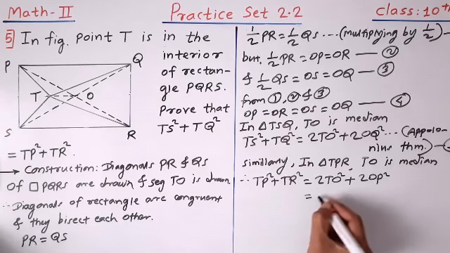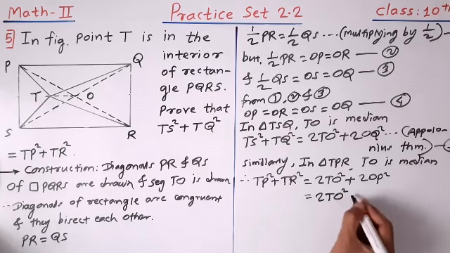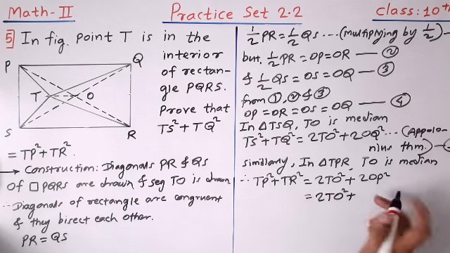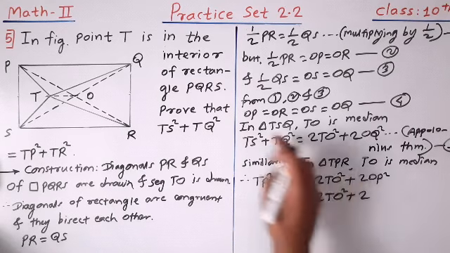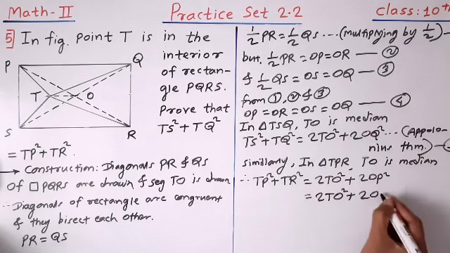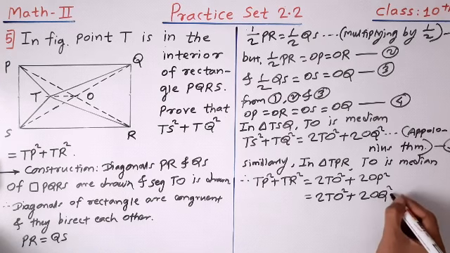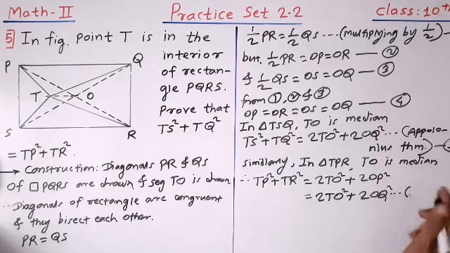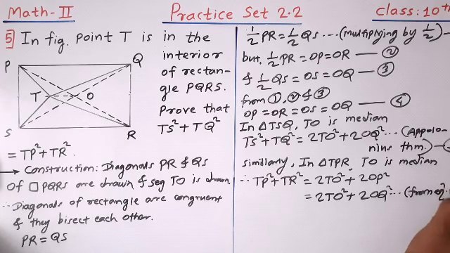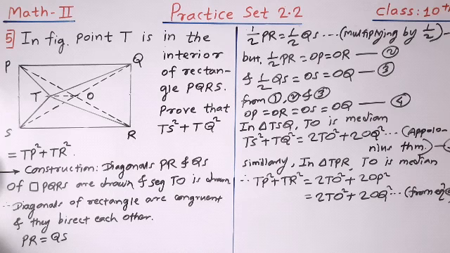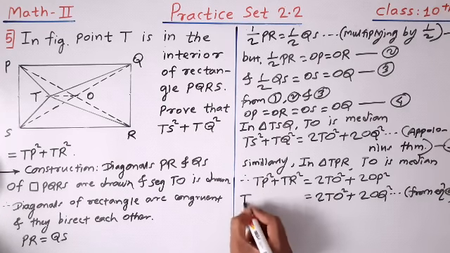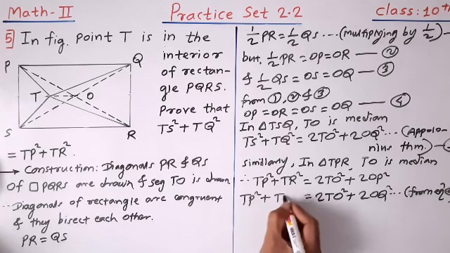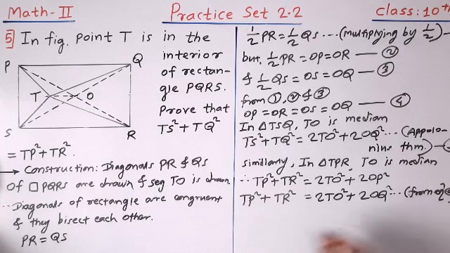So the right hand side 2 TO square will be as it is plus 2 OP square, and in place of OP square, we can write OQ square. What change have we done here? By using equation number 4. So write here the reason: from equation number 4. And the left hand side will be as it is, that is TP square plus TR square. Give this as equation number 6.